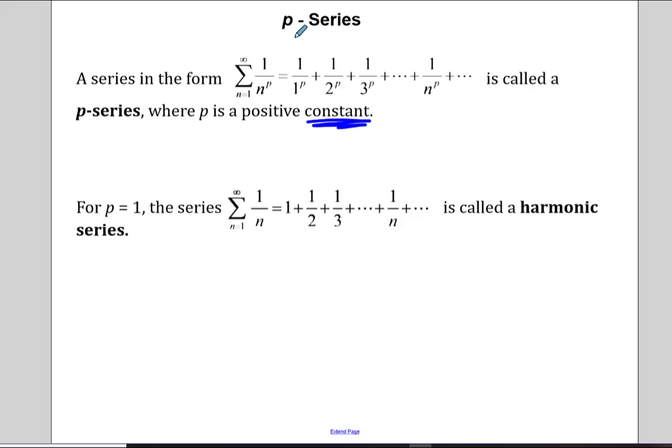So all of this leads us to P series. A series in the form of a summation from 1 to infinity of 1 over n to the power p is called a P series, where p has to be a positive constant. For p equals 1, the series 1 over n is called the harmonic series, and we just saw that the harmonic series diverges.